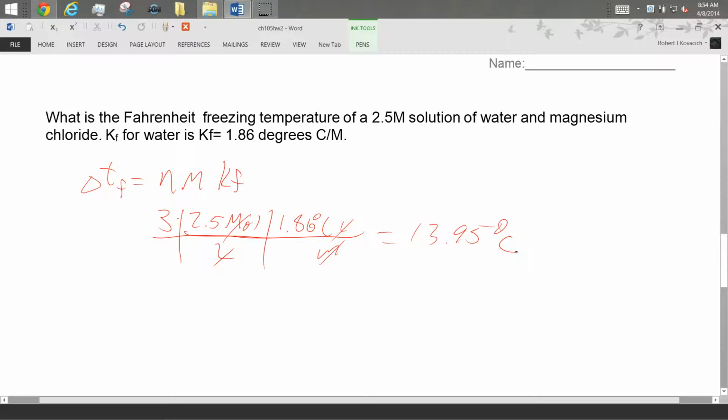So let's think about what is this here? What did we just calculate? What's happening here? What are we talking about? So what does the freezing point do when I add salt to it?